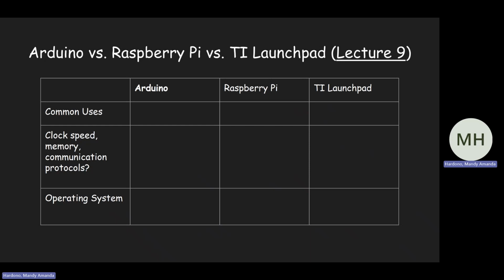But that's what you would want to know about each device as far as this exam: a brief overview of the processing capabilities, common uses, operating system, number of pins, communication protocols, that kind of thing. And that's where I'd want you to go back into that microcontroller, microprocessor PowerPoint and really take notes over that.